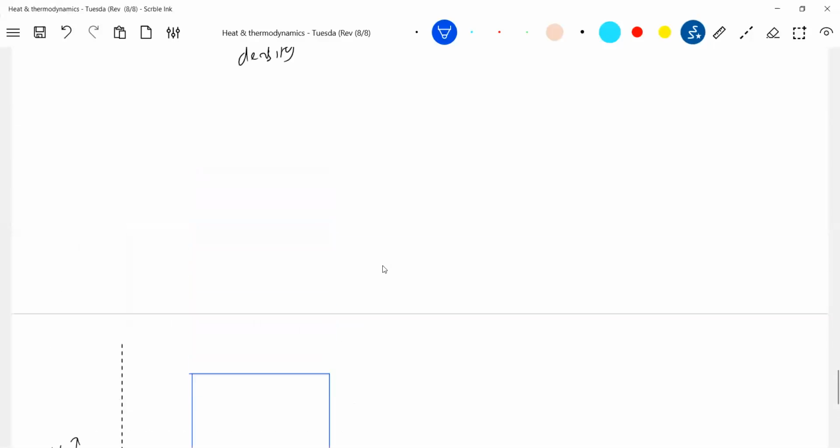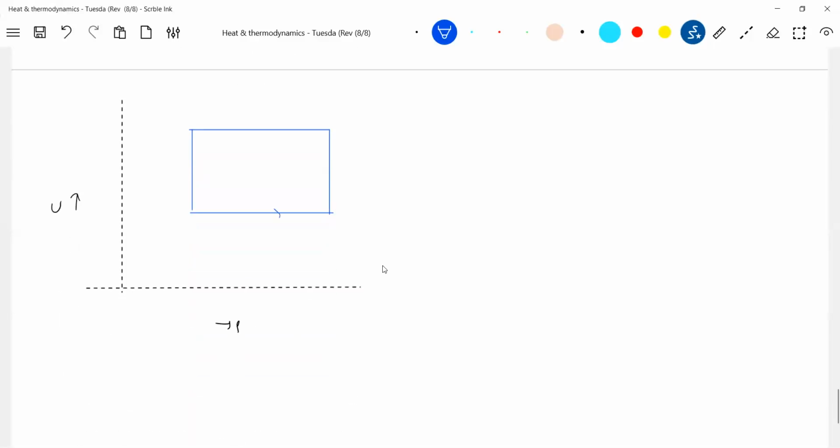Now, in the U-rho graph, we know anti-clockwise, counterclockwise, work done positive. So I'll start with this. 1, 2, 3, 4. This will be 2 U naught, U naught, and rho naught, 2 rho naught.